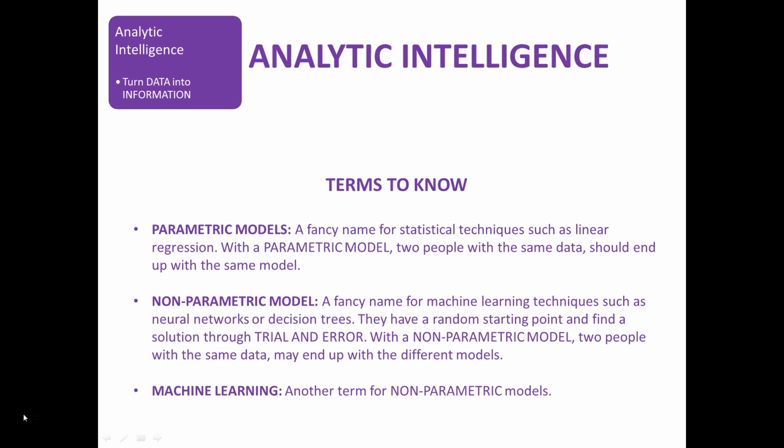They just get a new fancy word and then everybody has to try it. So anyways, that's parametric, think statistics, non-parametric, think machine learning. So regression is parametric, while neural networks, decision trees, random forest would be non-parametric techniques. Anything that involves trial and error.